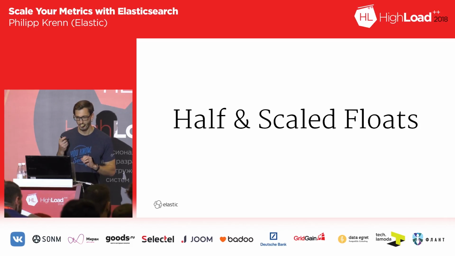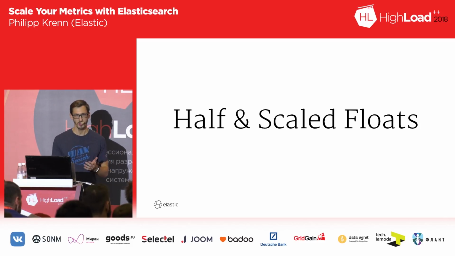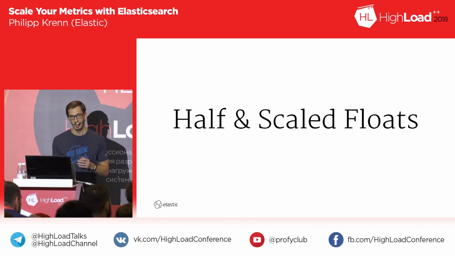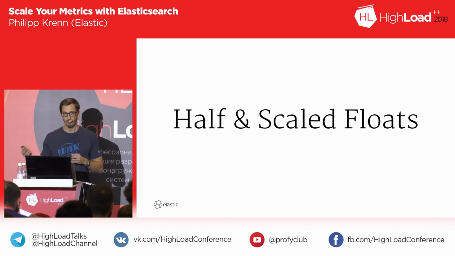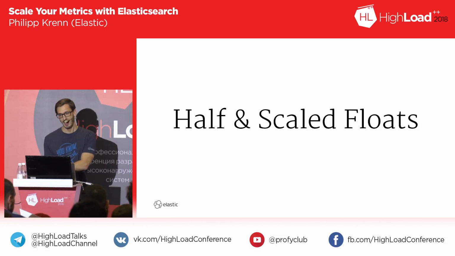Another thing that we have is half and scaled floats. Oftentimes you have float values, but you don't need the full precision of float values. For example, if you have the system load, which is normally 0.something or 1.something, depending on how many cores you have, you don't really need the full precision of floats. What we have is half floats, which give you half the precision for half the disk space, and scaled floats, where you can provide a scaling factor.